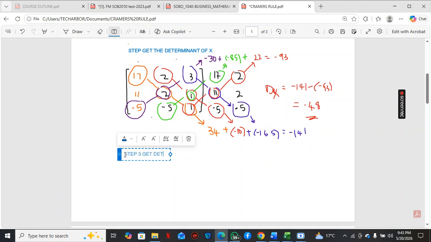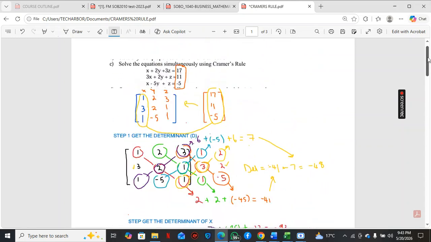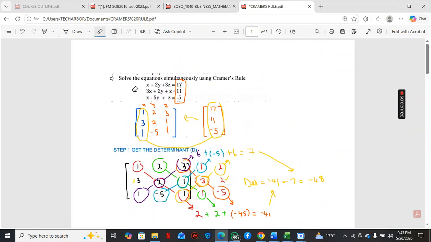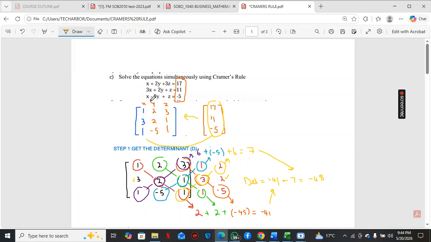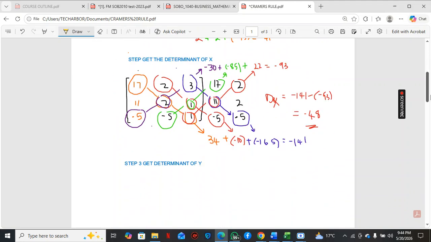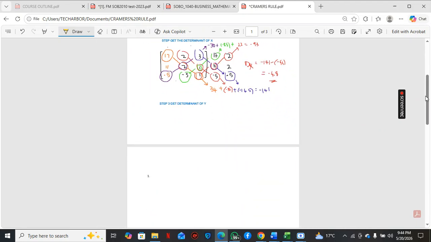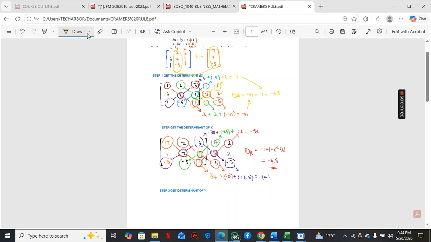Step 3, get the determinant of y. When getting the determinant of y, our y column is going to be replaced with this 17, 11, negative 5. So we make the matrix.